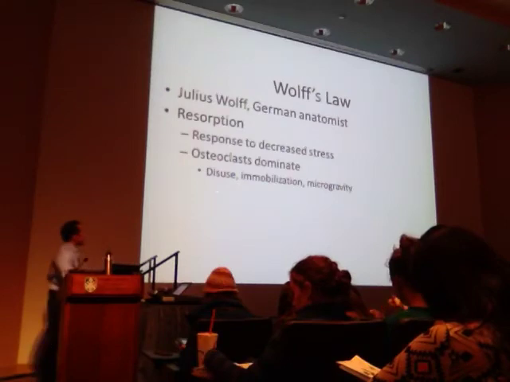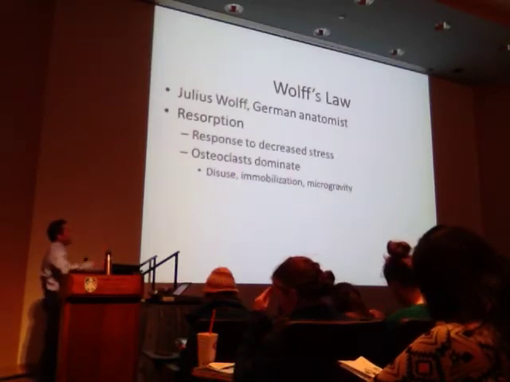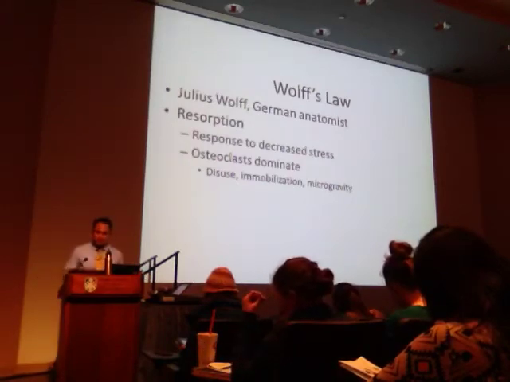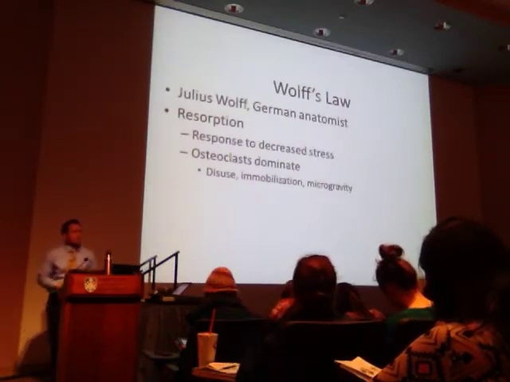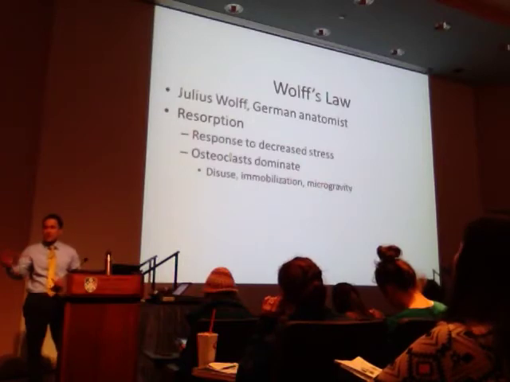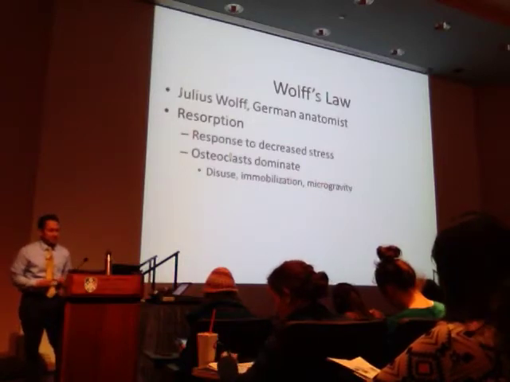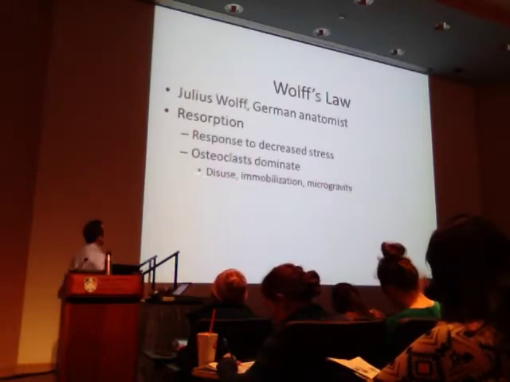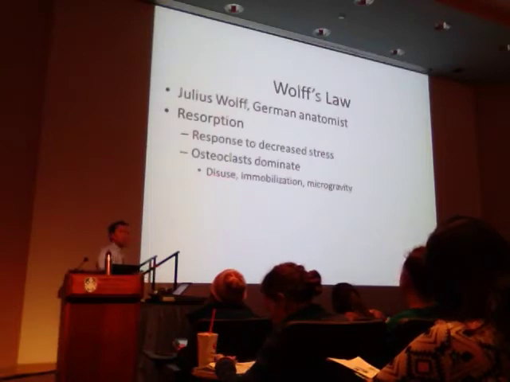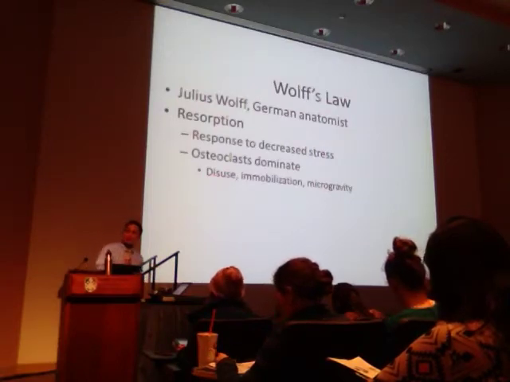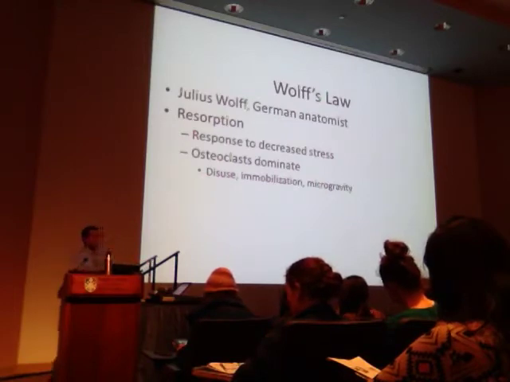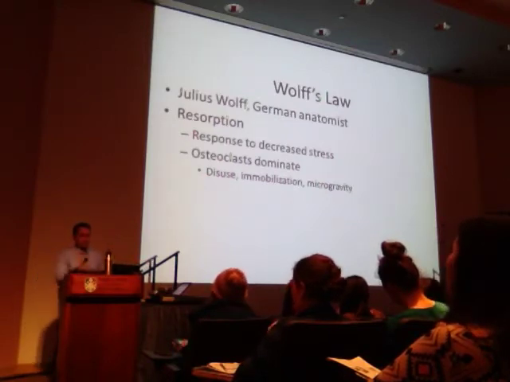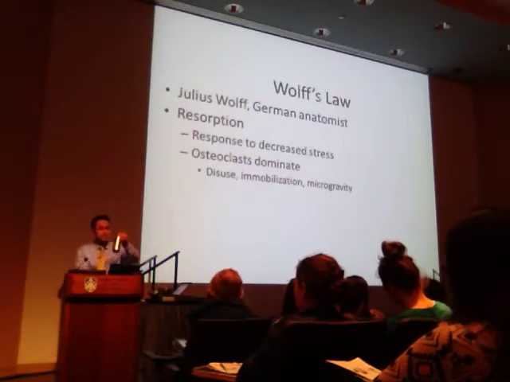Furthermore, if you have this classification of bone resorption, this means that there's a response to a decrease in stress. And osteoclasts will dominate that activity. Where you're going to see bone resorption, or bone going away, because osteoclasts are digesting it, is in things like disuse or immobilization. If you cast the bone, or if you put the patient on bed rest, okay?